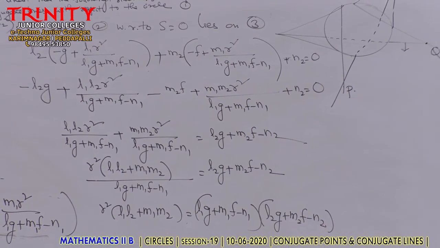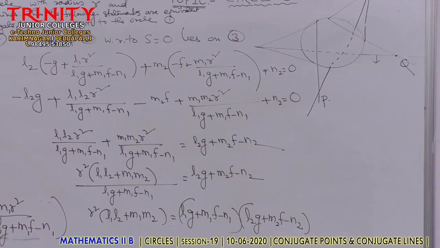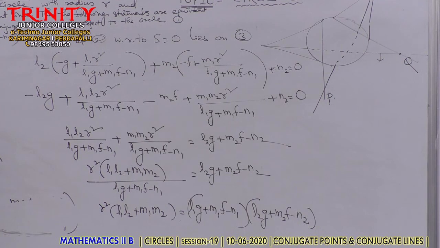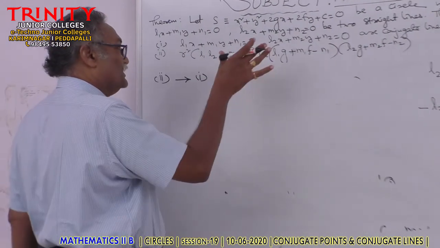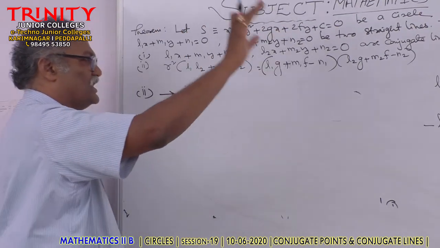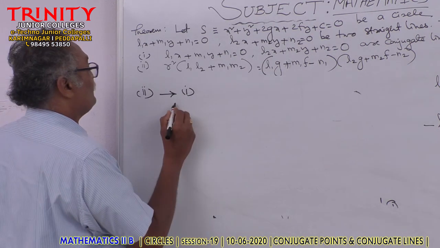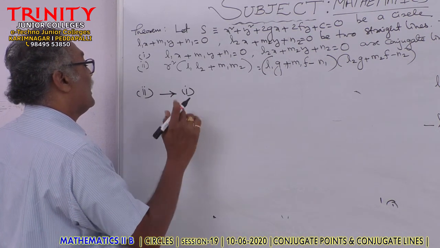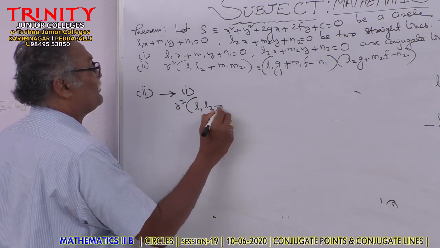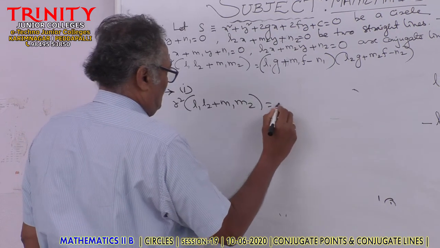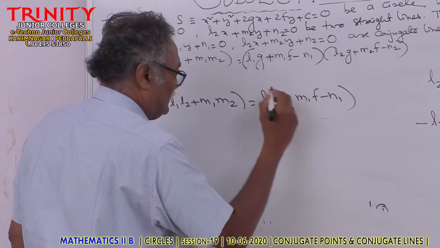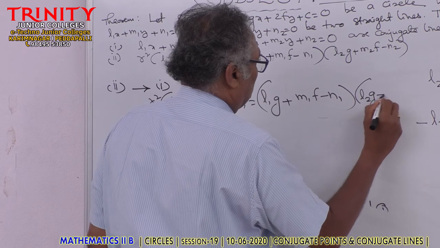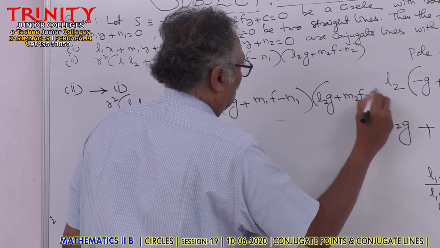With the help of this, we have to prove these two lines are conjugate lines with respect to the circle.